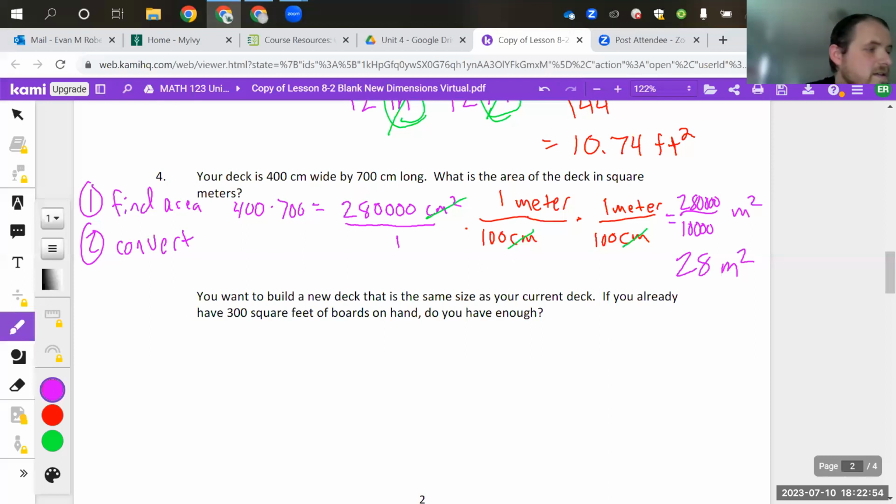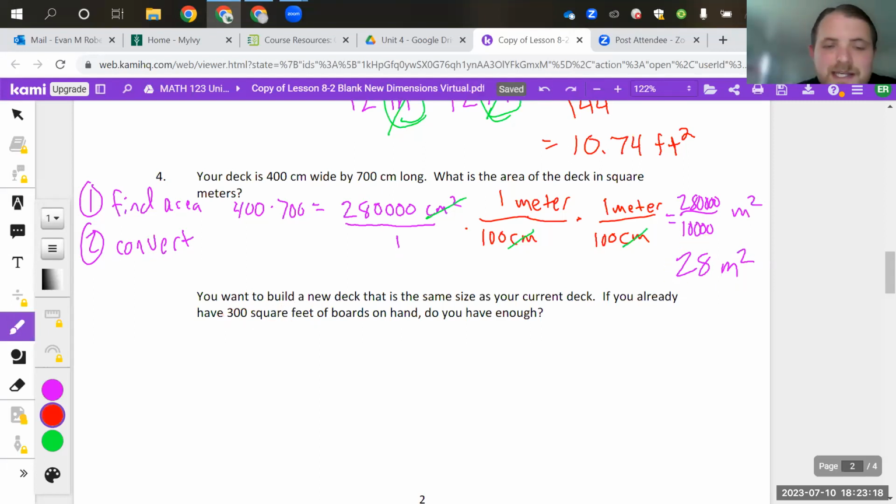So the second part says you want to build a new deck that's the same size as your current deck. If you already have 300 square feet of boards, would you have enough? So essentially, we're given square feet, and we're curious, is that bigger or smaller than 28 meters squared?